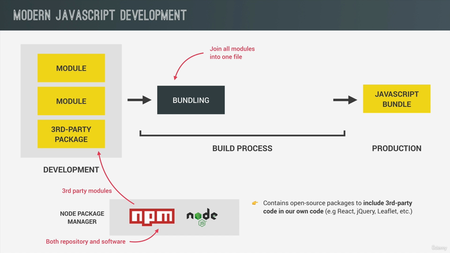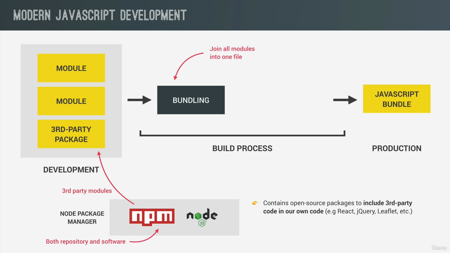Now this step is super important for 2 big reasons. First, older browsers don't support modules at all, and so code that's in a module could not be executed by any older browser. And second, it's also better for performance to send less files to the browser, and it's also beneficial that the bundling step compresses our code.